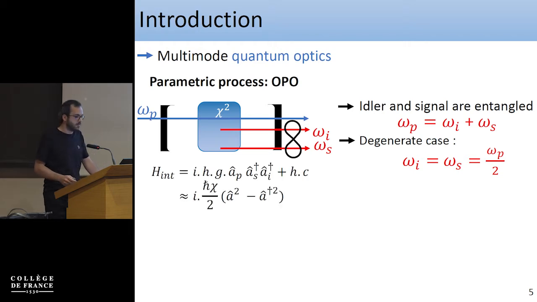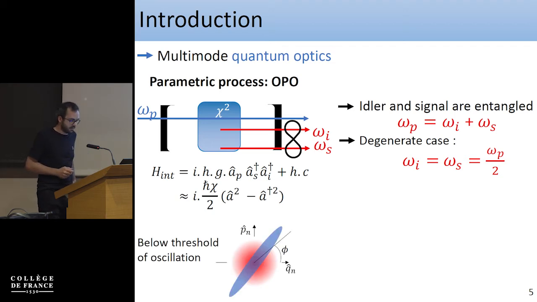So if we write our Hamiltonian, it's an interaction: an annihilation of one blue photon for the creation of two red photons. And in the degenerate case, if the pump power is high enough, we can do this approximation, which is like the Hamiltonian of a squeezed state.